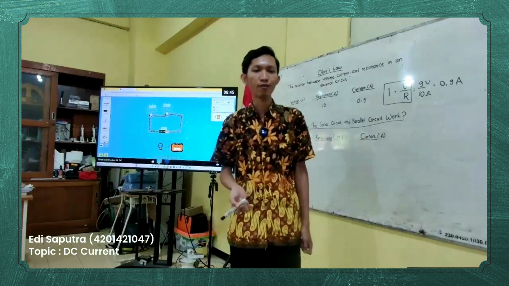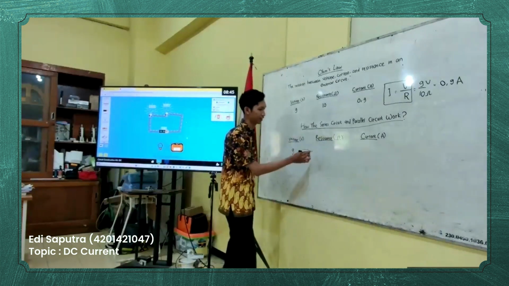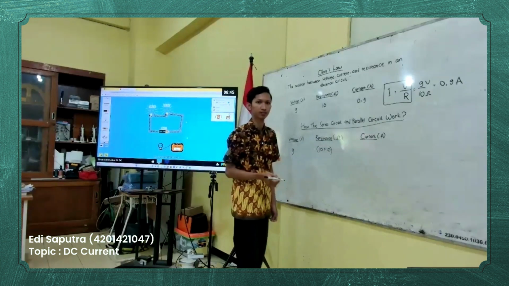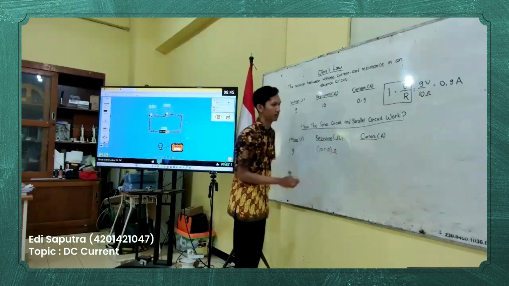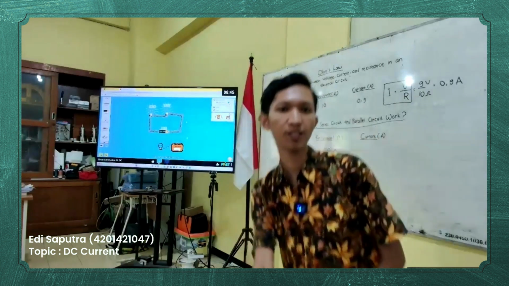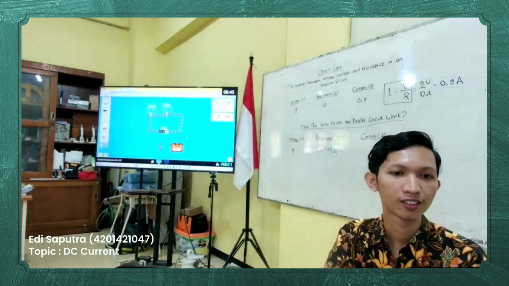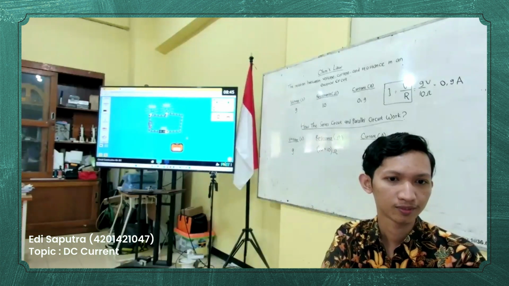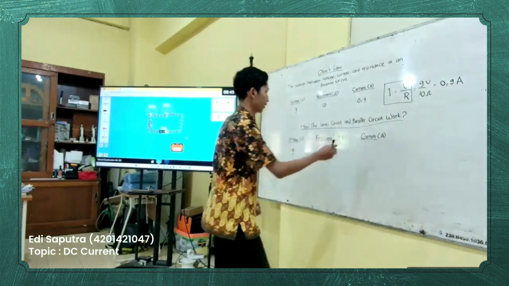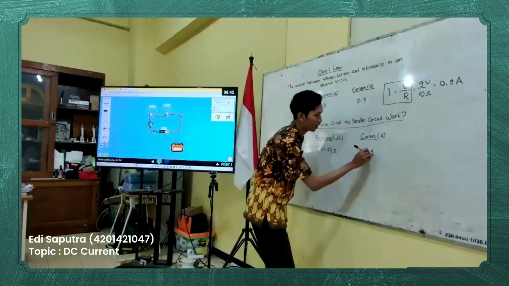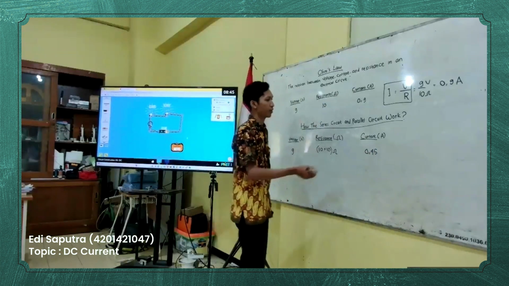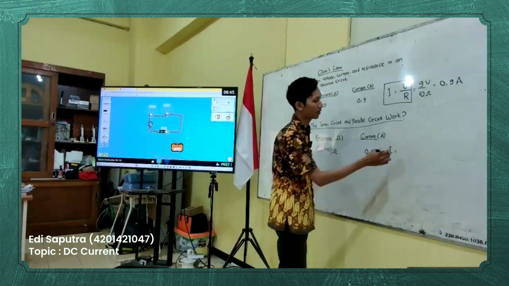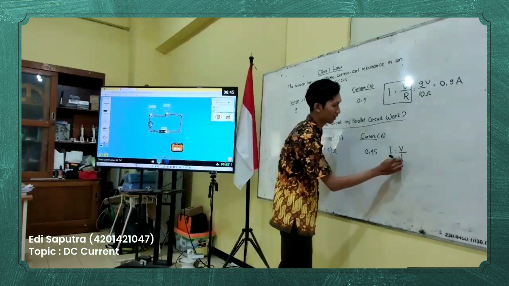The resistance of the series circuit is 10 plus 10. And the current of this series circuit, everywhere, is about 0.45 ampere. We use the same formula for this: I equals V per R.